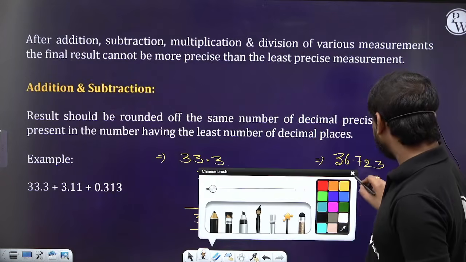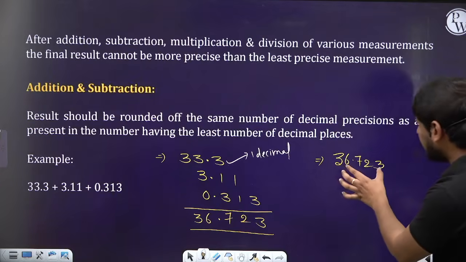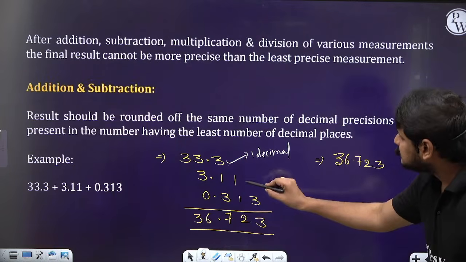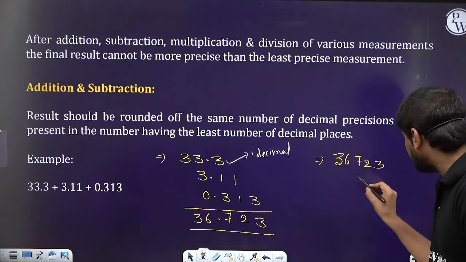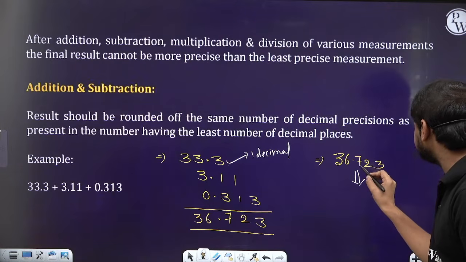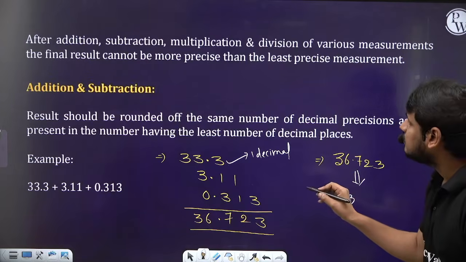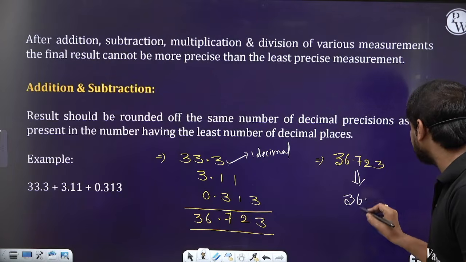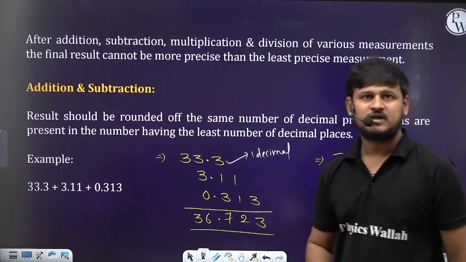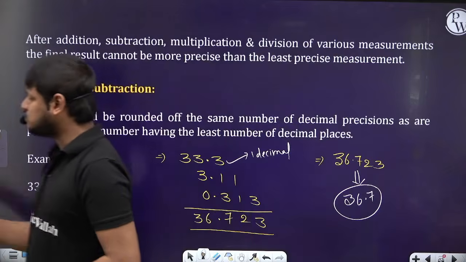So the least is 1, and we should round off to 1 decimal place. So 36.7. After 7 it is 2, so that's why 36.7. Clear? Understood?